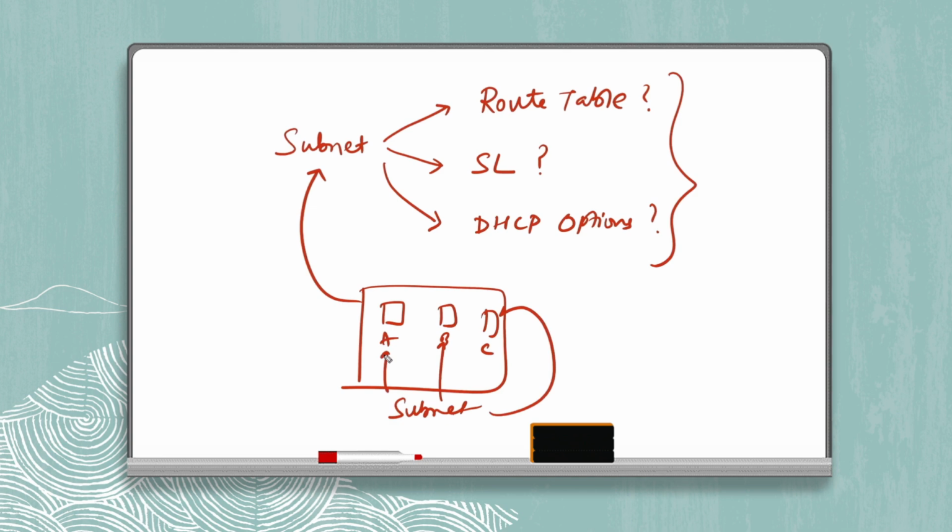For example, if the default route table is associated with the subnet, then all the routing information that's there in the default route table will be drawn by the instances, because instances are ultimately placed in subnets. So that is also a key learning objective.